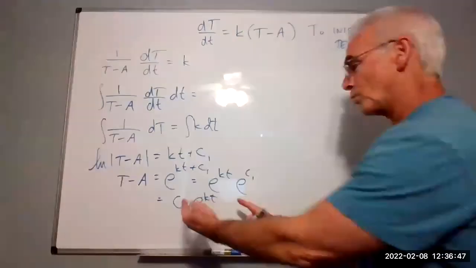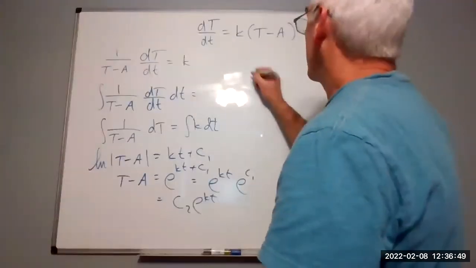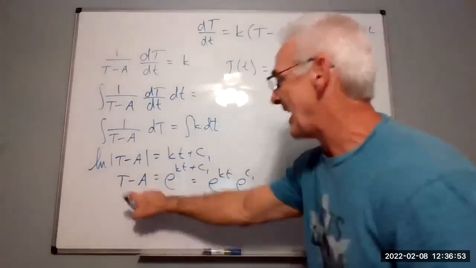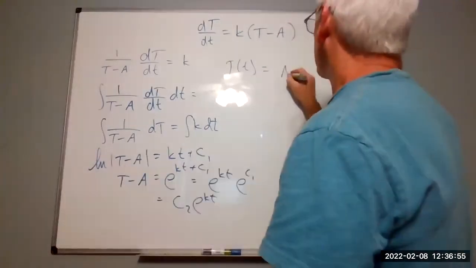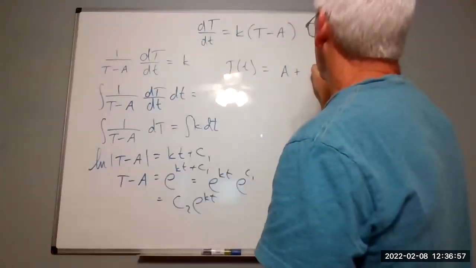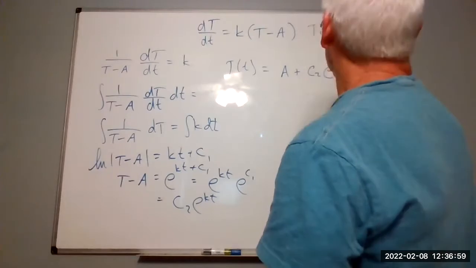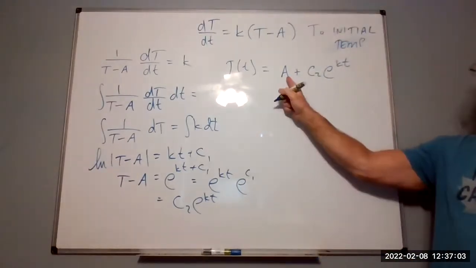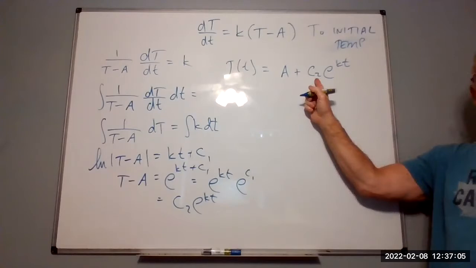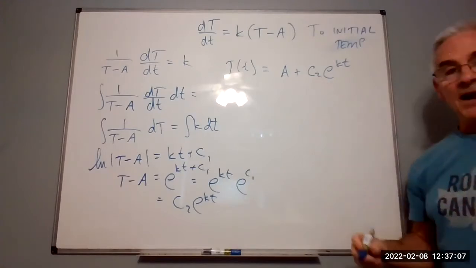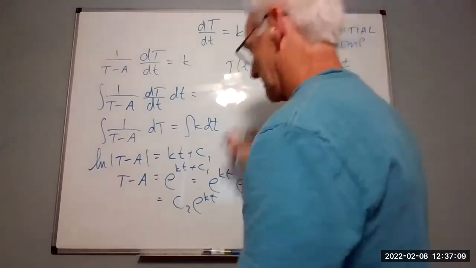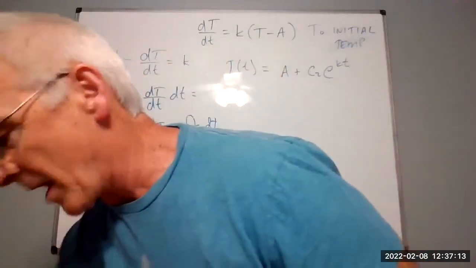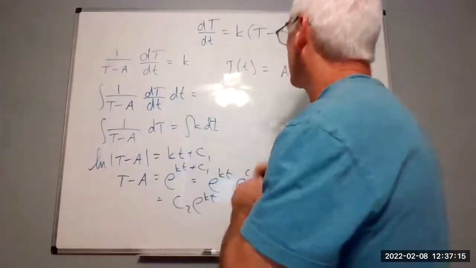So right now, looking at my picture, I can say that T of t equals, now I'm going to add the A to the other side, A plus C2 e to the kt. It appears that I have a lot of constants. Well, I can now figure that out, because at time 0, that's how hot my coffee was right when I set it down.